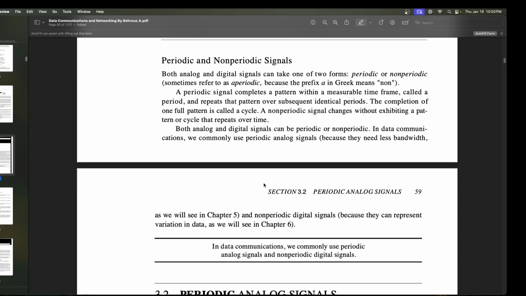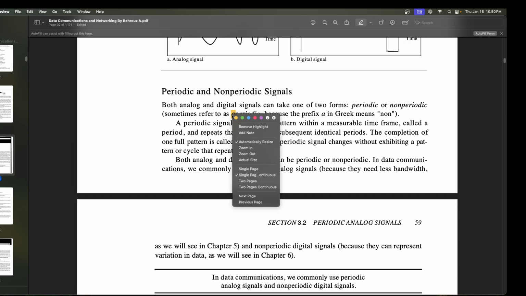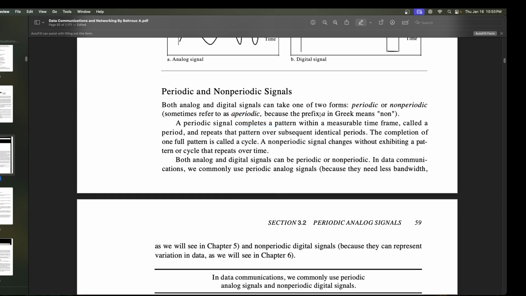Periodic and non-periodic. There are two types of analog and digital signals, periodic and non-periodic. A periodic signal is something that will repeat over and over again.